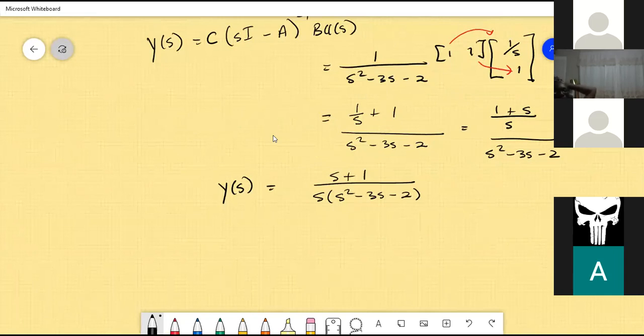So that now is something that we have to convert into y of t.